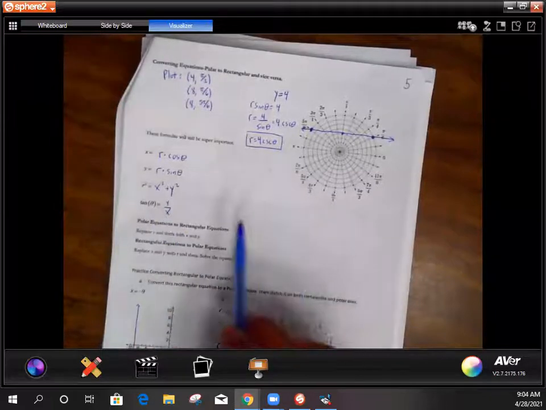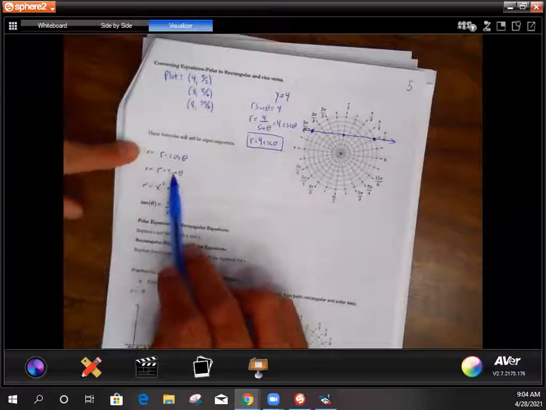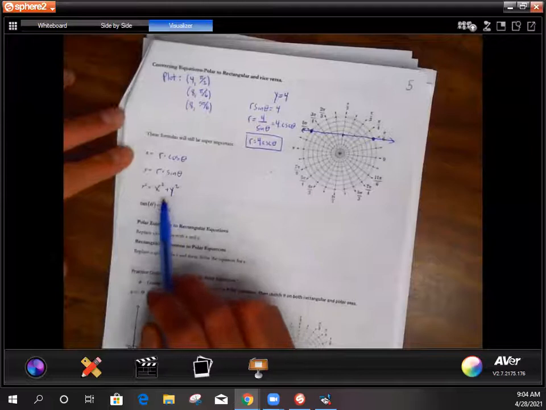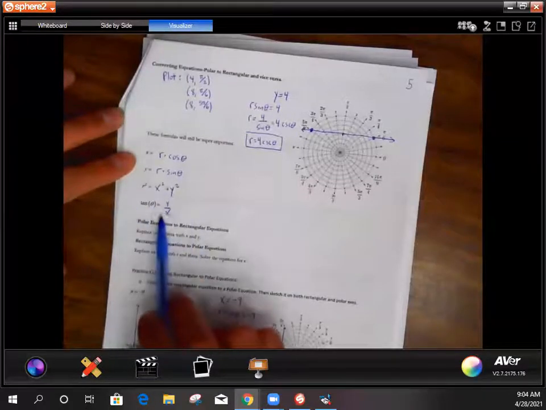Sometimes we have x and y, and we could just straight up plug in these. Other times we might just have r, and maybe you have to square both sides in order to get r squared. Or maybe you're given an angle, like theta equals an angle, and then you have to use tangent, and we'll do an example like that too.